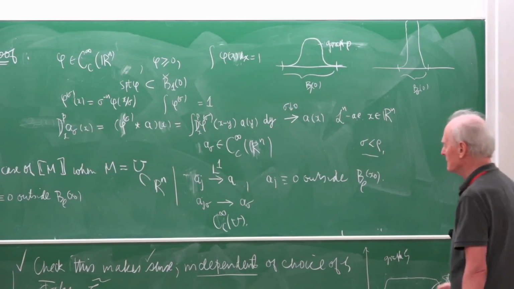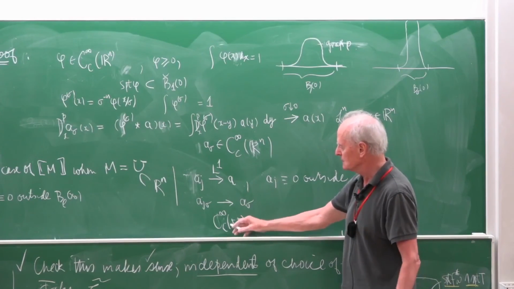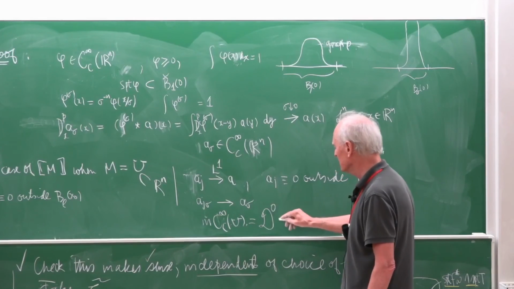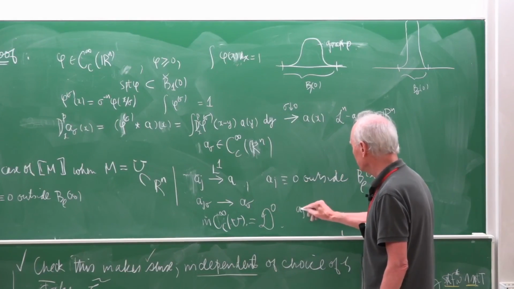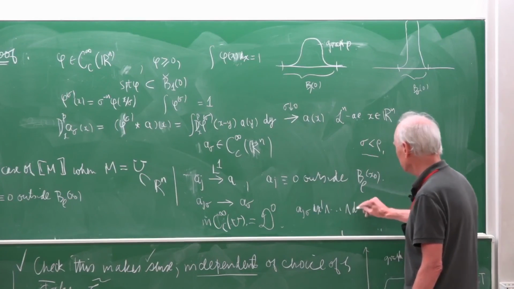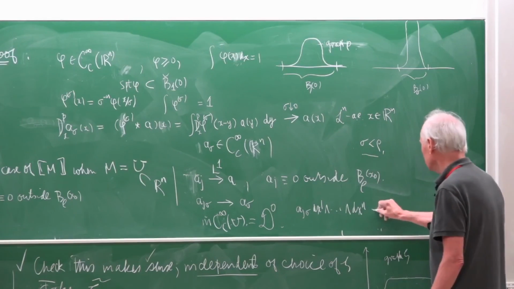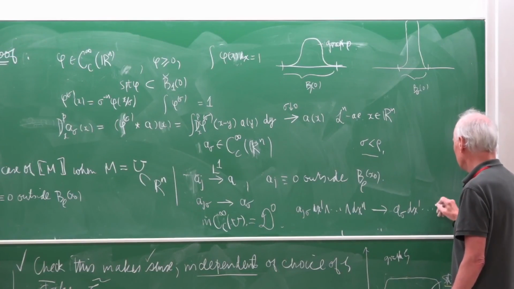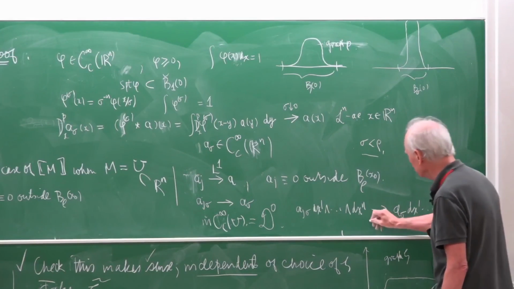So that's exactly the definition of convergence in this space. Remember, this is D0 and D0. So in other words, A_j sigma dx1 wedge up to dxn converges to A sigma dx1 up to dxn in D n.